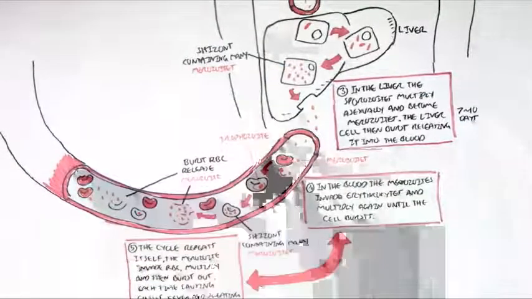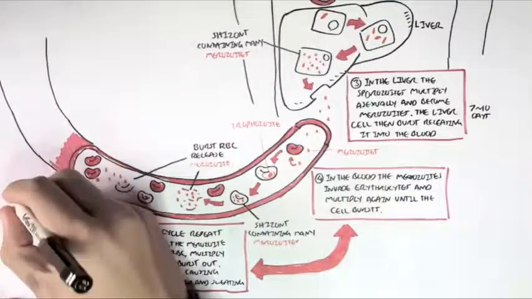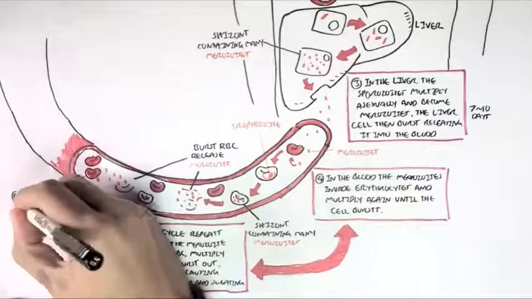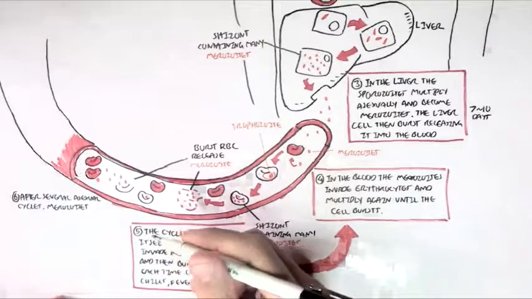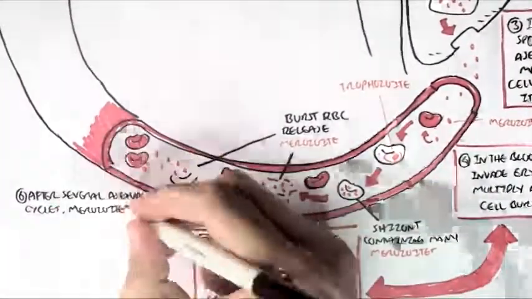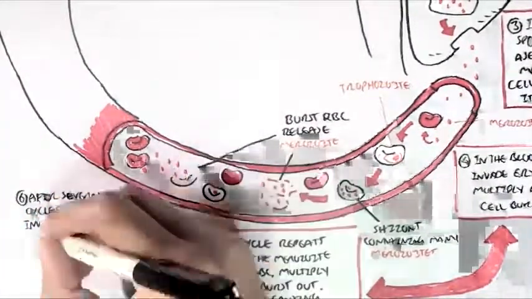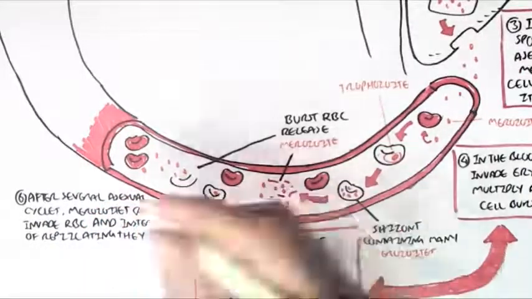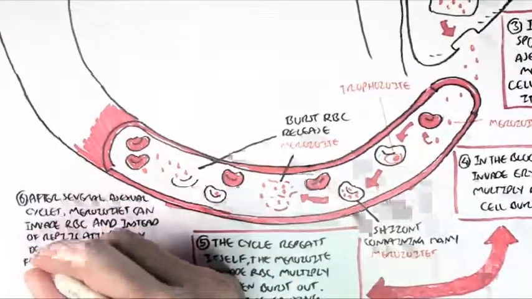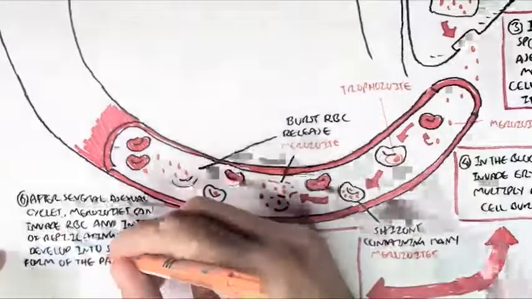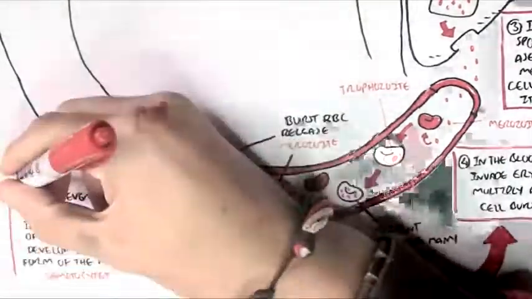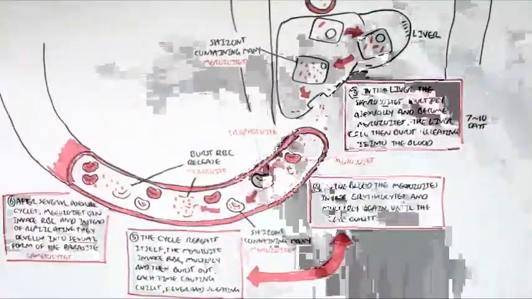Now, after several asexual cycles, the merozoites can infect a red blood cell, and instead of replicating or multiplying, they can develop into sexual forms of the Plasmodium parasite, which are the Plasmodium gametocytes. Now, there have to be two types, a female and a male gametocyte.